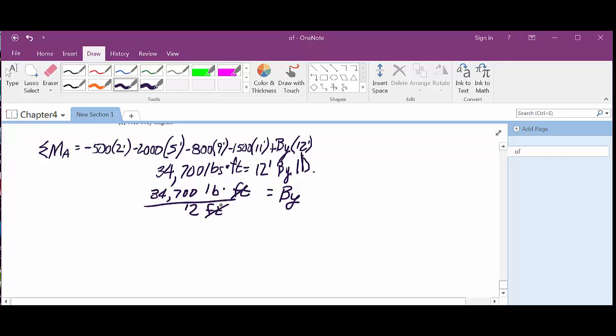The feet all cancel out. BY becomes pounds. What's 34,700 divided by 12? 2891.6 pounds. Done, right?